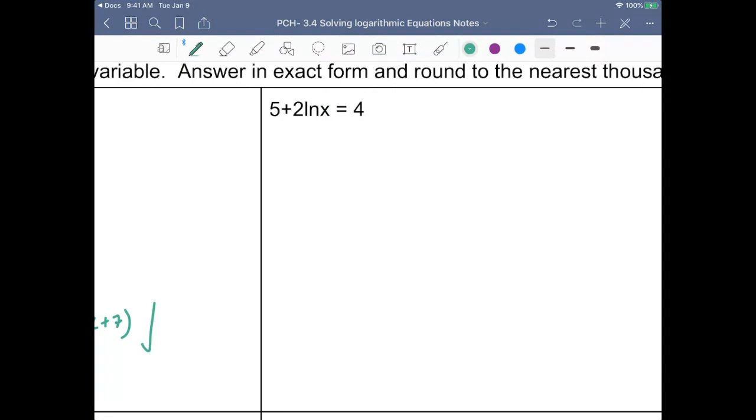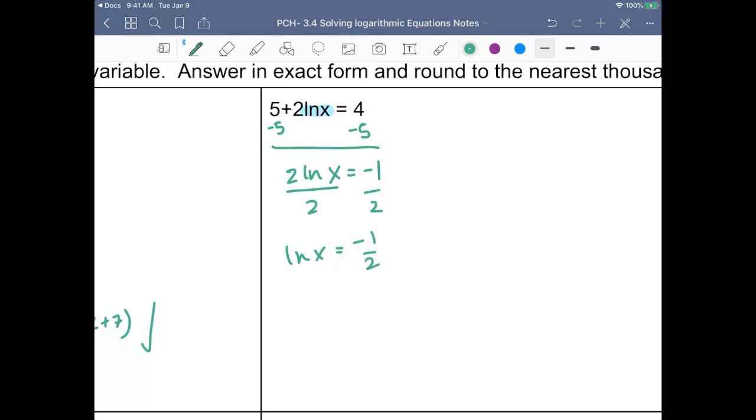The second one here, we're going to get the ln by itself. So subtract 5. You get 2 ln of x is equal to negative 1. Divide by 2. So the ln of x is equal to negative 1/2.